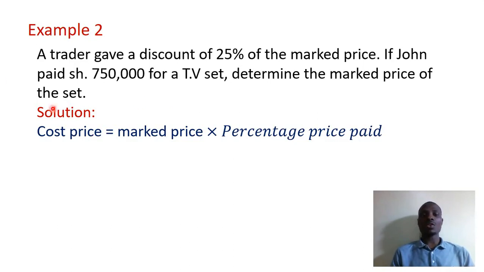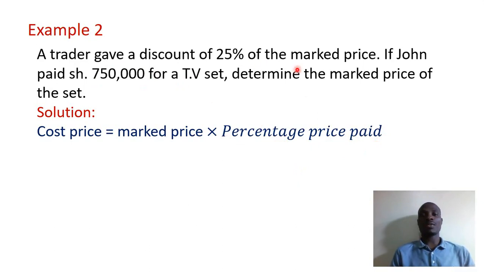So if you want to get the cost price, you get the marked price times the percentage price paid. Now, since we don't know the marked price, let it be X or Y, and then the cost price is 750,000 shillings.